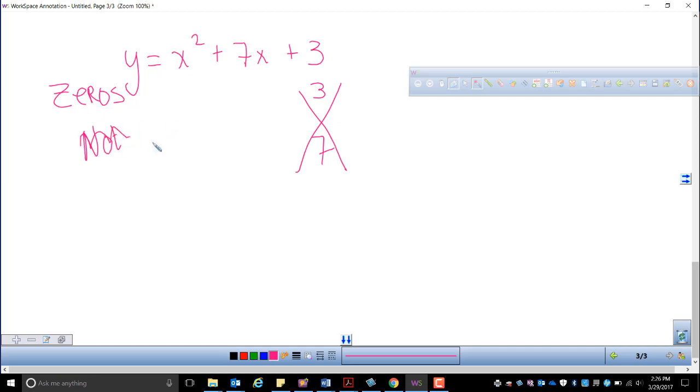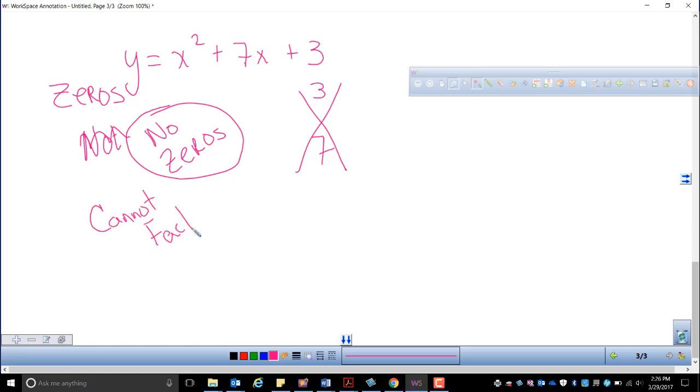Let's just say no zeros. This one has no zeros because I don't know what they are because I can't do them. We will look at a different way later on, but for right now, we're just going to say no zeros. So sometimes you have things that you cannot factor. And if you cannot factor, then you'll just tell me no zeros for right now. And we'll talk about that later.